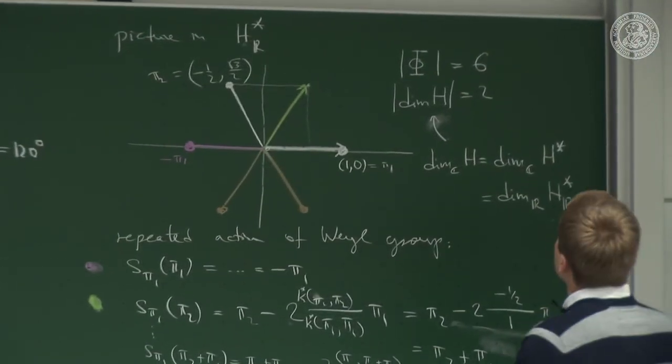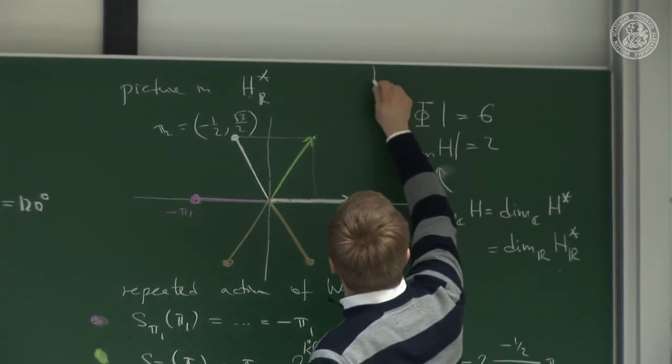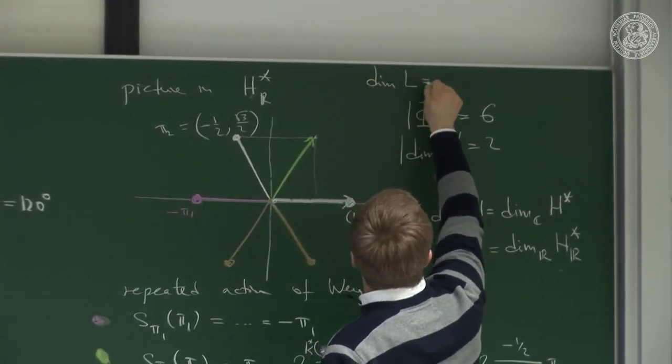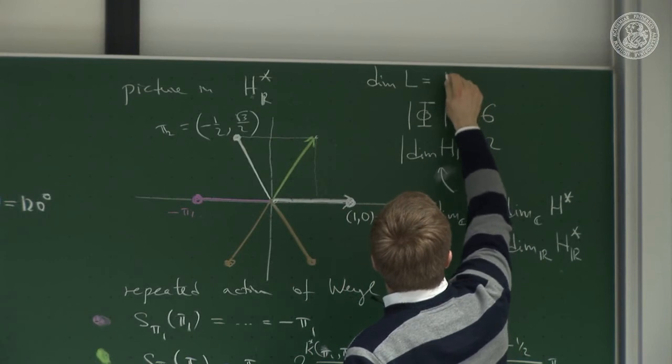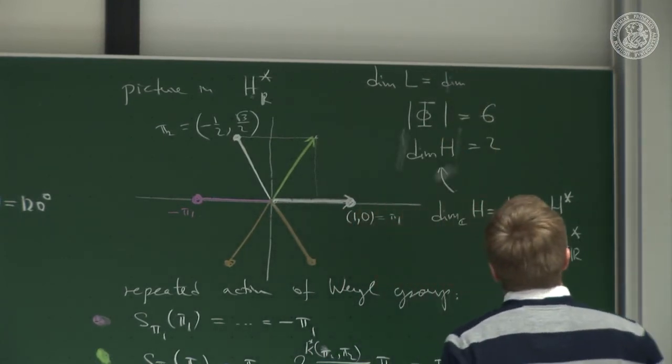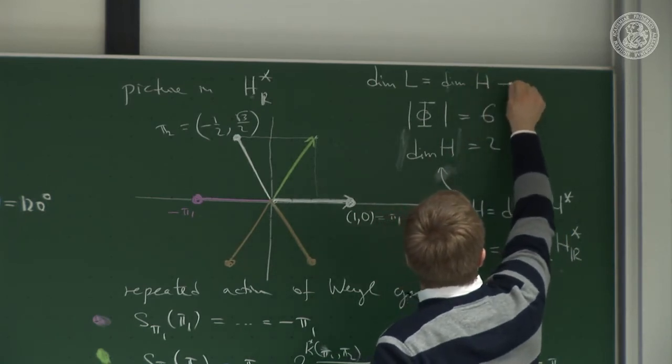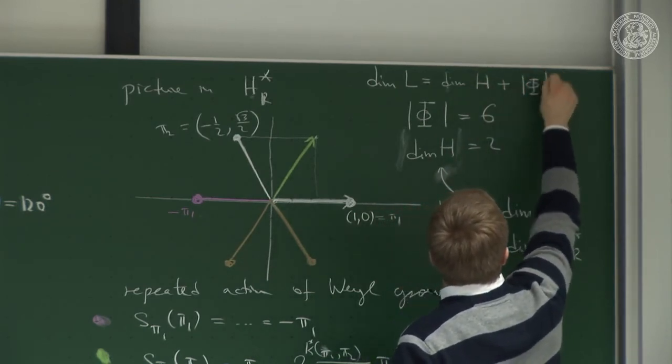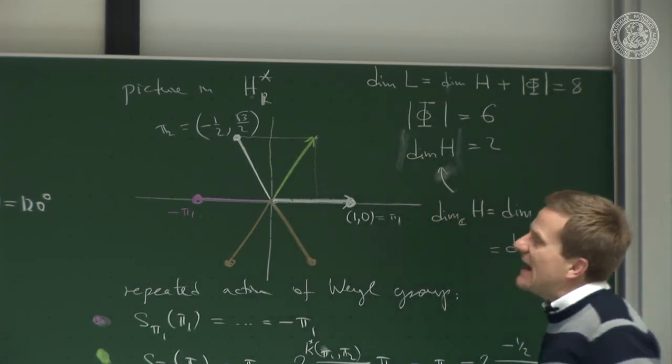And we know that the dimension of the Lie algebra is the dimension of the Cartan subalgebra, which is 2, plus the size of the root space, which in this case is 6, giving 8.